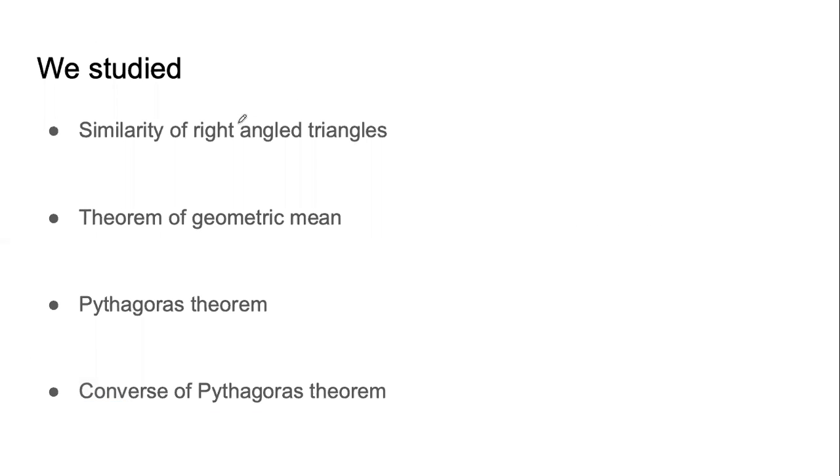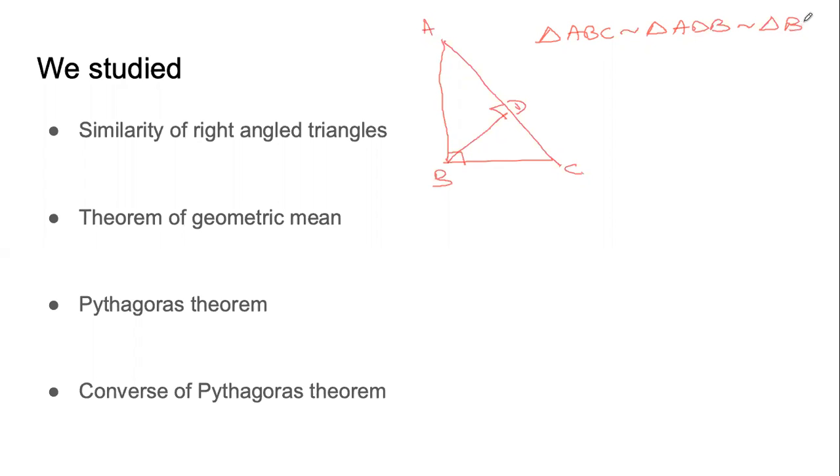The first thing that we studied this year, the new thing, was similarity of right angle triangles, in which we said if we have a right angle triangle ABC with a right angle at angle B, and we draw an altitude BD onto the hypotenuse AC, then triangle ABC is similar to triangle ADB is similar to triangle BDC.